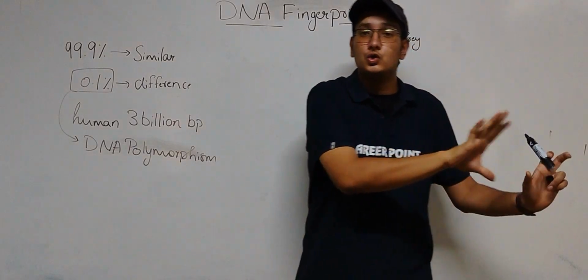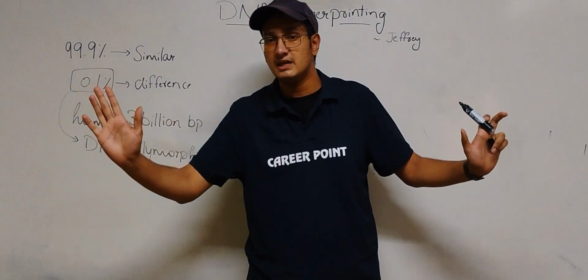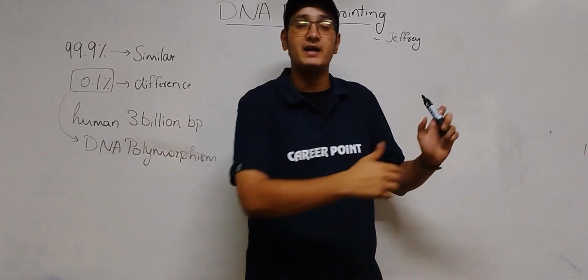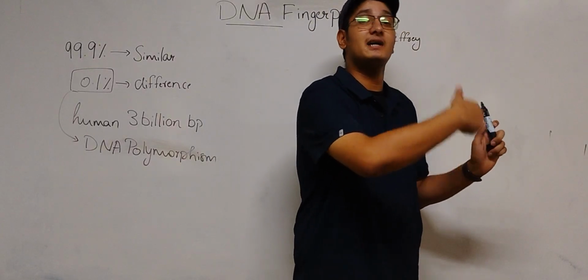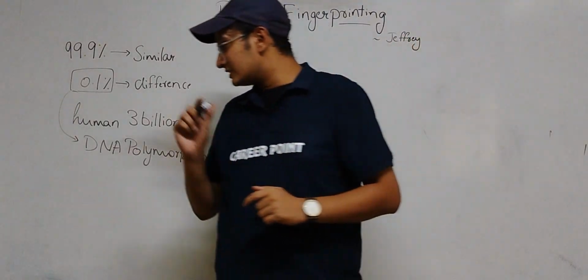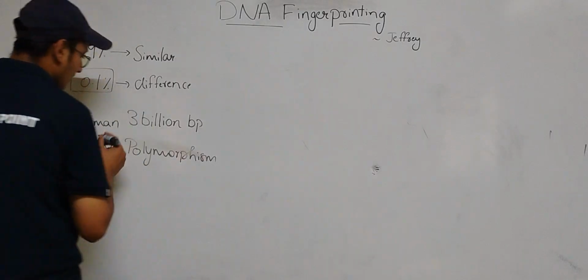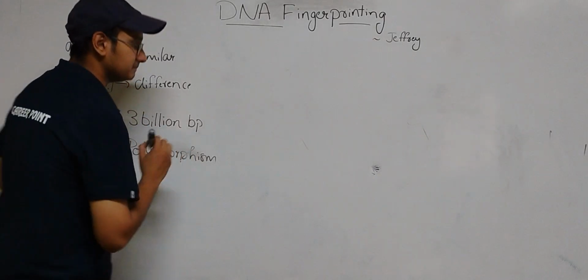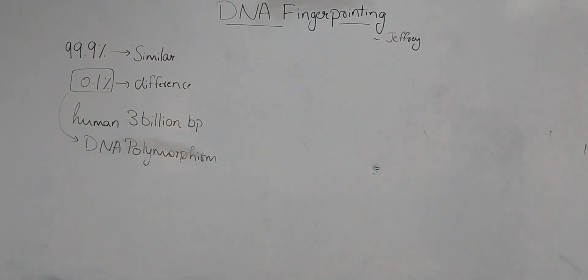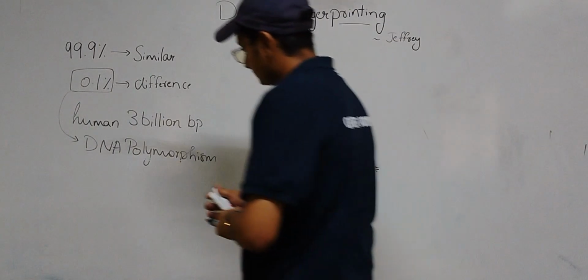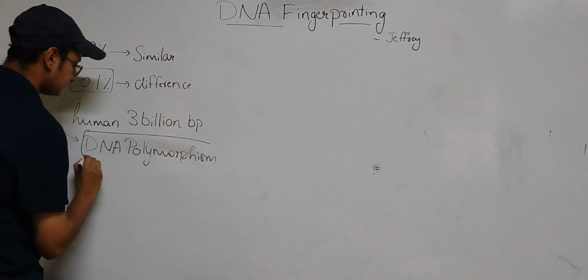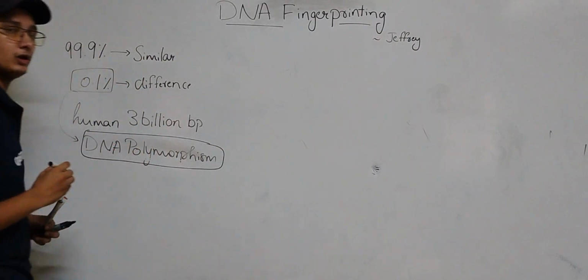So we have two kinds of DNA here: one DNA which is mutated in one place, and another DNA which is mutated at another place. These different forms of DNA are known as DNA polymorphism.